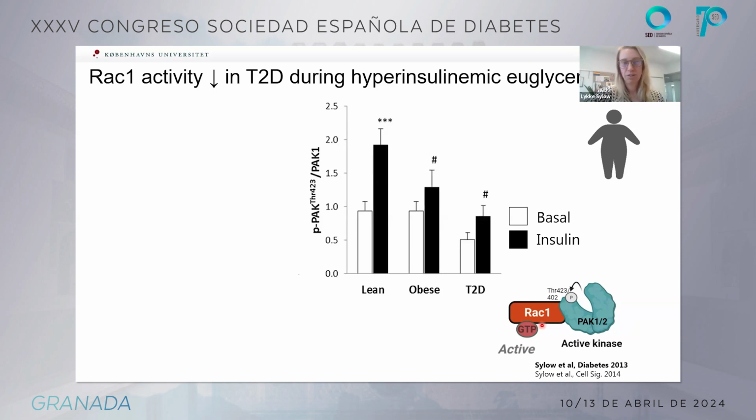So this was very interesting, but we then thought, what is it actually that could be inactivating the Rho GTPases in insulin-resistant skeletal muscle of these obese people, as well as in type 2 diabetics?